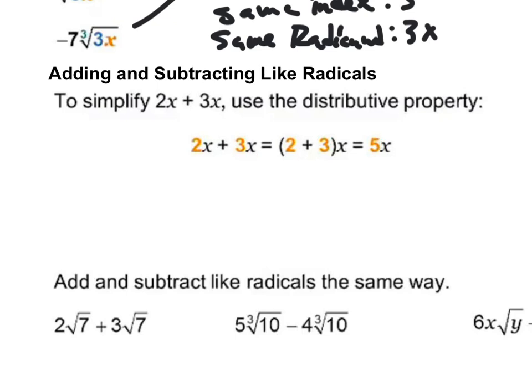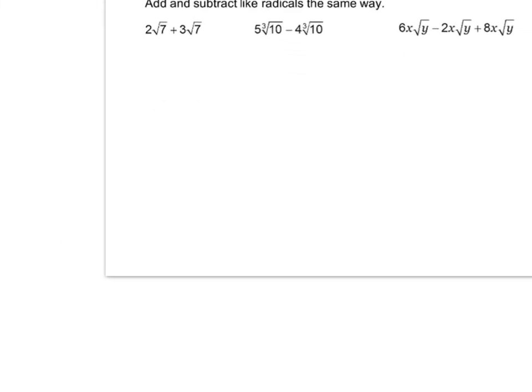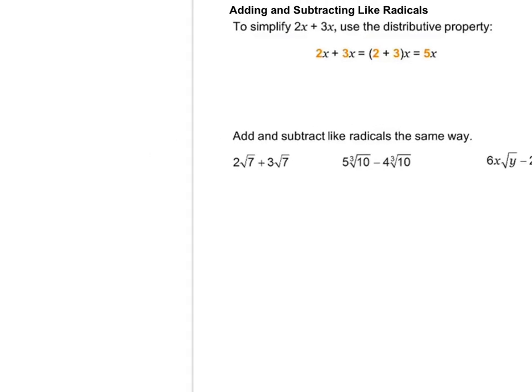But what you're really doing is factoring an x out of here, doing the opposite of the distributive property, and then adding those two numbers together to give you 5, and you get 5x. So let's go ahead and do that on these 4 examples down here.